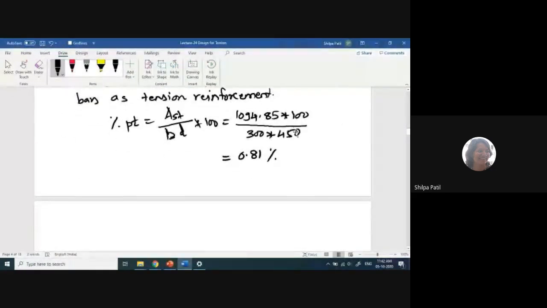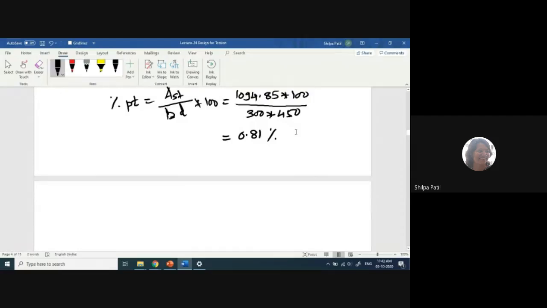Okay, you need to compare this with the balanced one. We have already listed what is the percentage steel for the given grade of concrete and grade of steel. What is the critical percentage of steel that we have already calculated in our fourth or fifth lecture.